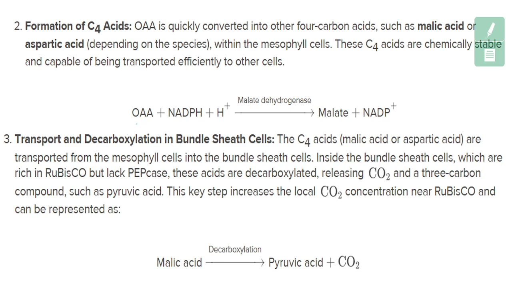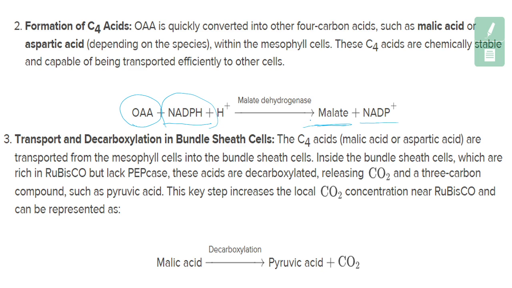So, oxaloacetic acid, by using the light reaction product NADPH, converts into the malate ion and NADP plus. Why does it occur? To maintain the division of labor, to transfer the light reaction products to the bundle sheath cell, oxaloacetic acid combines with NADPH to form malate.